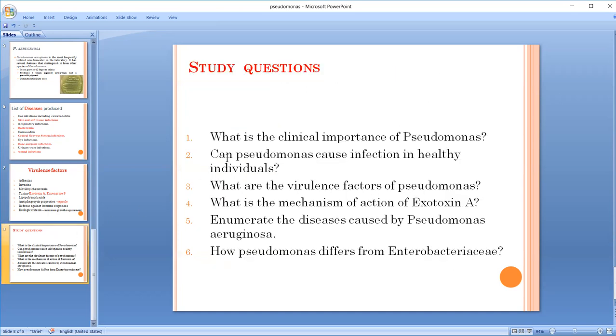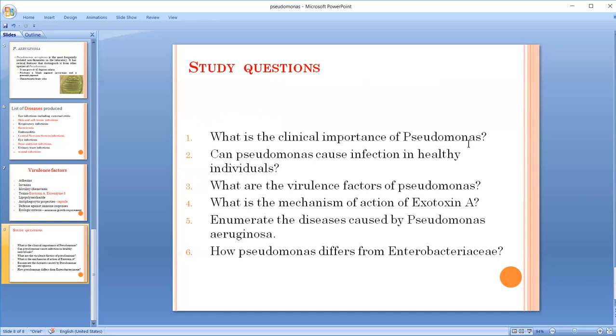So, study questions. What is the clinical importance of Pseudomonas? Pseudomonas is a bacteria that is the most important cause of nosocomial or health care associated infection in patients with burns, catheters, or ventilators. And they also cause infection in cystic fibrosis patients.